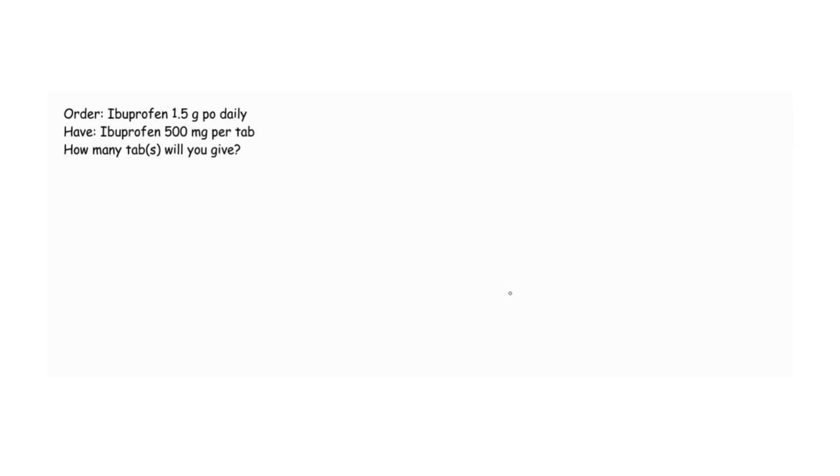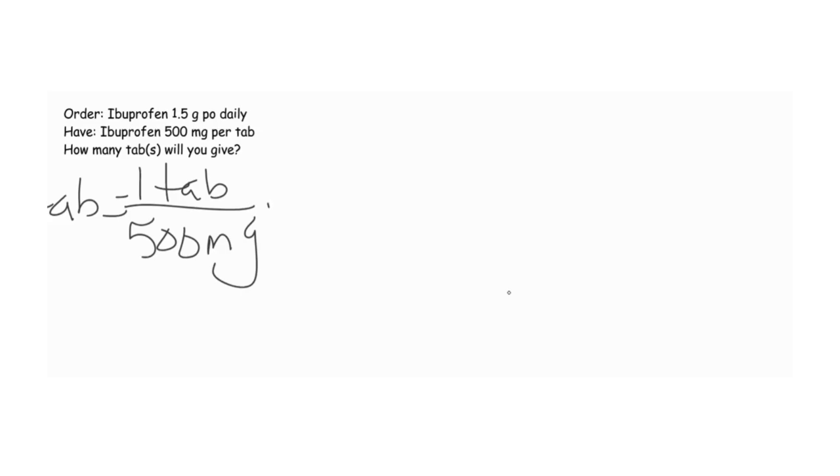How many tabs? Let's find out. 1 tab equals what? 500 milligram. We need milligram in our equation. Y'all already remember 1 gram equals 1,000 milligram.